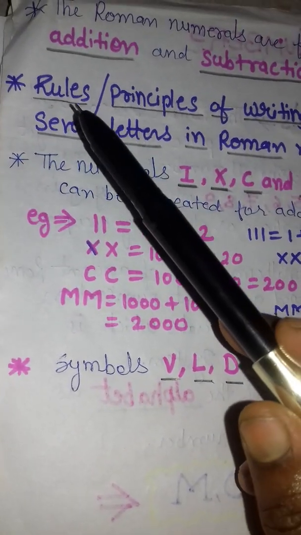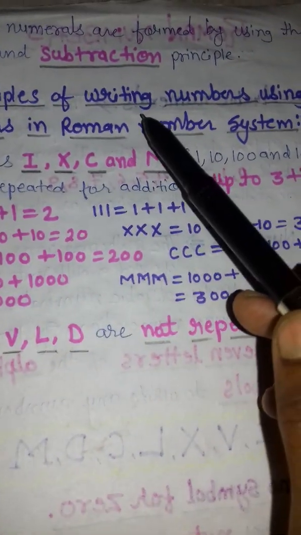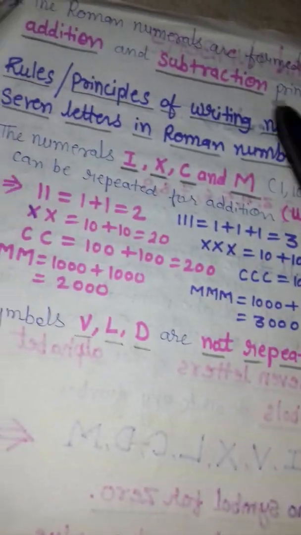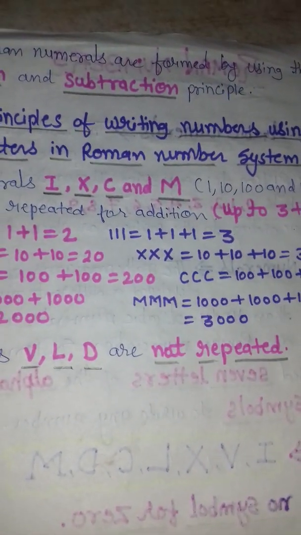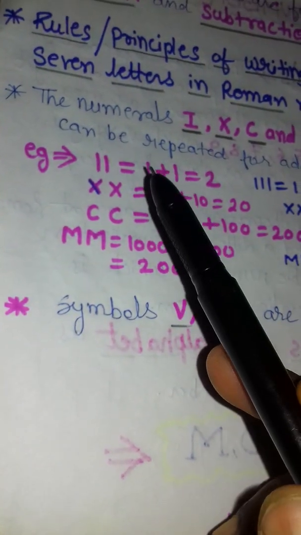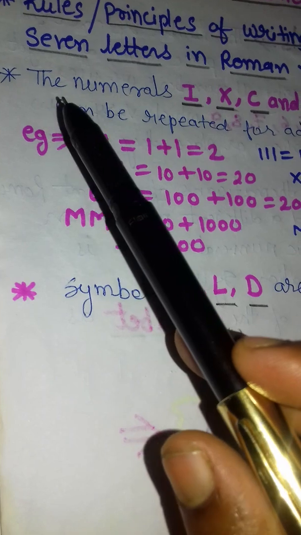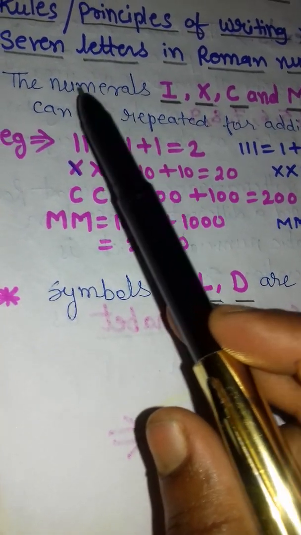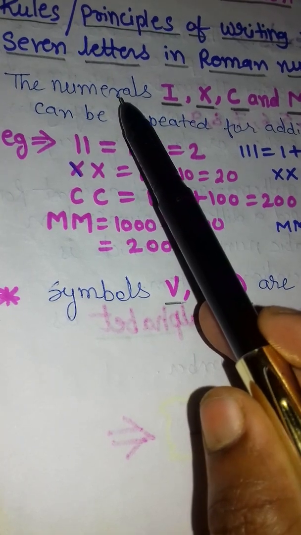So let us see the rules, or we can say the principles, of writing numbers using 7 letters in the Roman number system. See carefully, students, the first rule is about the numerals. The numerals means the symbols, because there are 7 symbols, no?